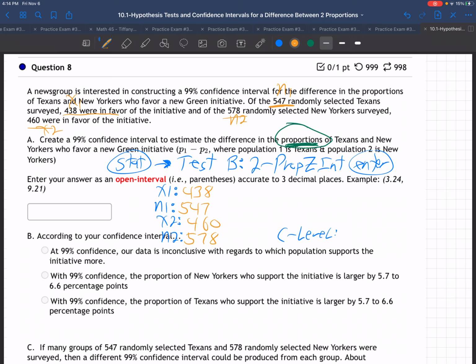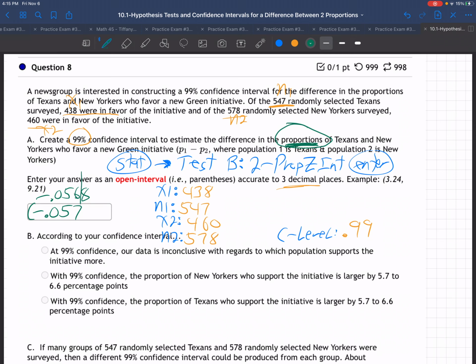I'm going to do it with mine right now. And the C level, 99%, 0.99. Calculate. All right, I'm getting the interval. It says to 3 decimal places, so I'm getting parenthesis, minus 0.0568.